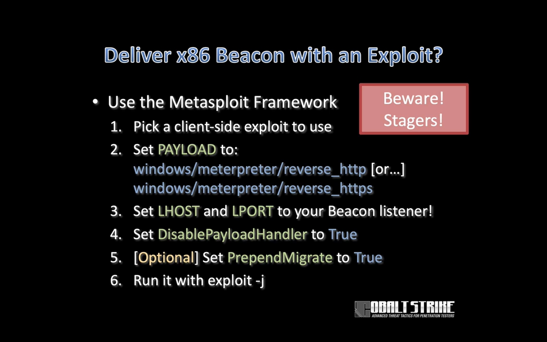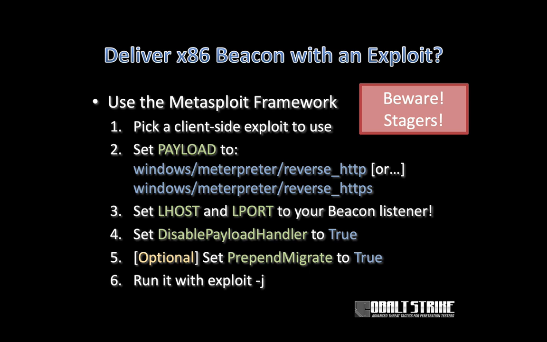Set lhost and lport to point to your beacon listener, and set disable payload handler to true. If the exploit module is memory corruption on an application and you want to migrate for stability reasons, set prepend migrate to true. Once the module is configured, run it with exploit -j.